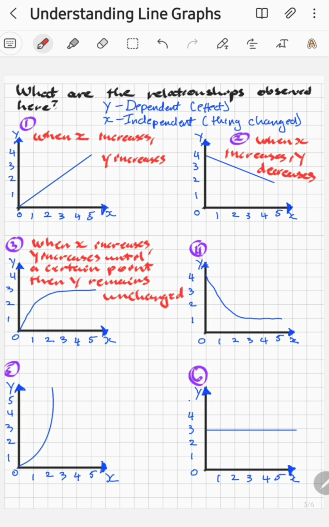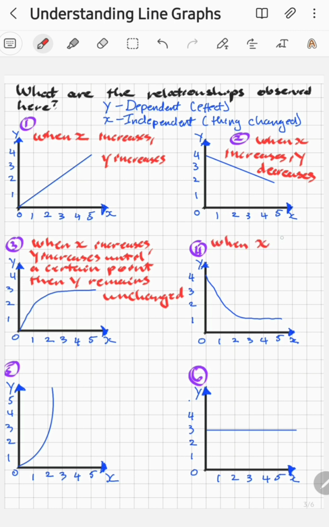Okay, now let's look at graph number 4. It's a similar shape to 3, but it's just the opposite, right? So while number 3 increases, we see that y is decreasing because the numbers are getting smaller. So how would we describe this?